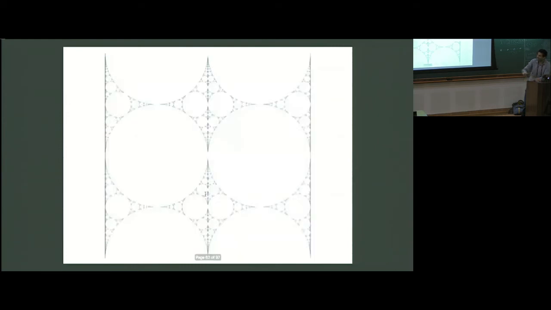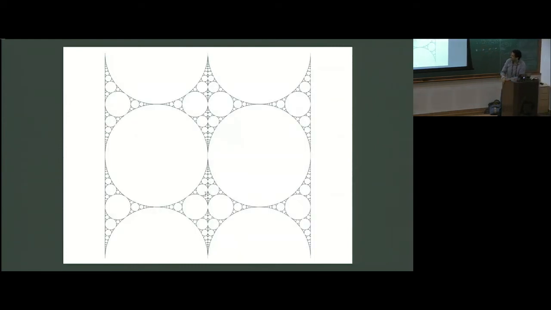It takes its minimum on this set, which you recognize as an Apollonian circle packing. It's a kind of famous picture that ends up on the cover of math journals and so on. And fortunately for us, this thing has been studied for a long time, so a lot is known about it.